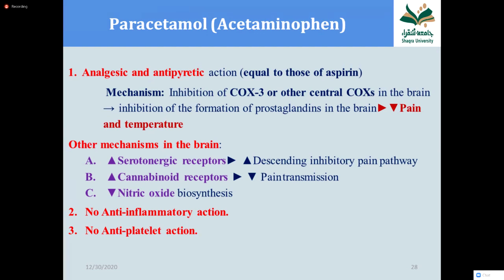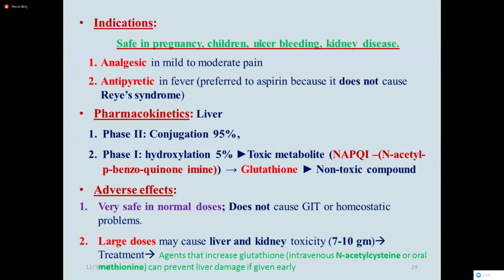Other effects: it stimulates serotonergic receptors, so it increases the descending inhibitory pain pathway. It also stimulates cannabinoid receptors, so there is decreased pain transmission and decreased nitric oxide biosynthesis. So the main effect is because of COX-3 inhibition.